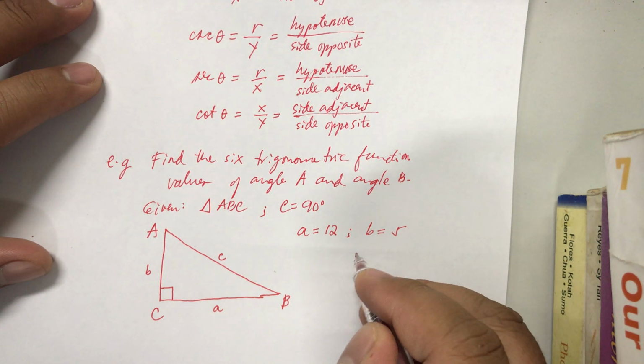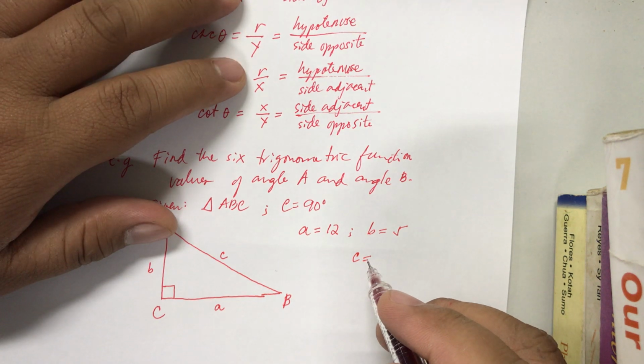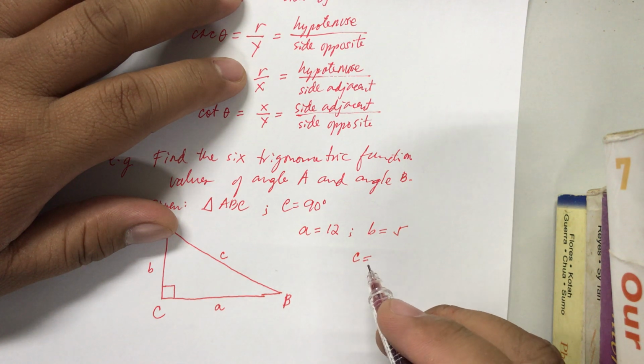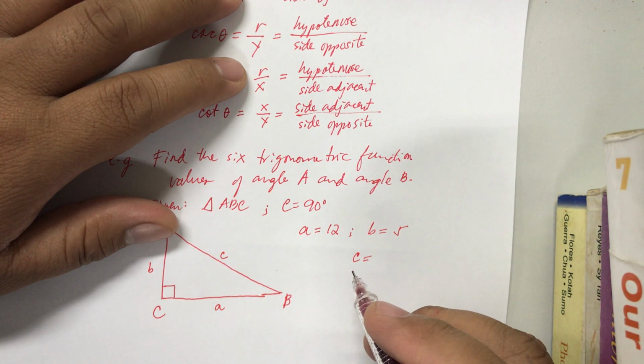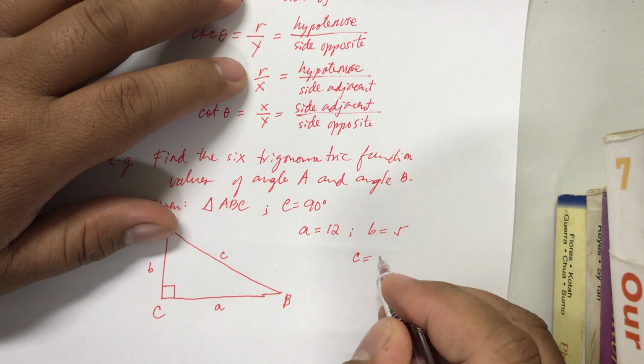So find c. c is equal to the square root of the sum of a squared and b squared. a squared is equal to 144 while b squared is equal to 25. When you take the sum of 144 and 25, you will get 169. And the square root of 169 is 13.